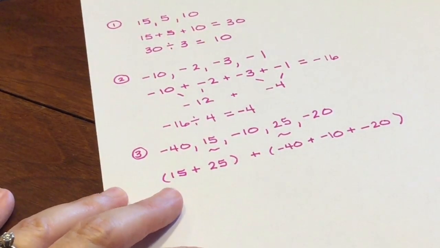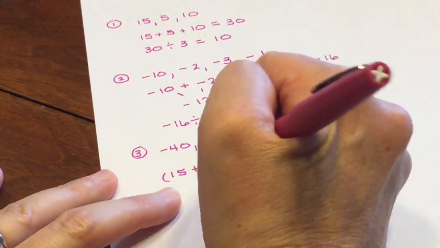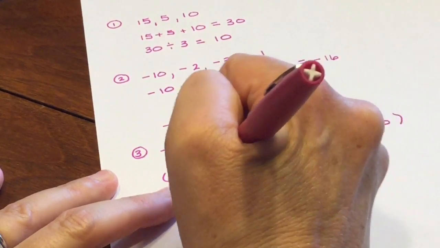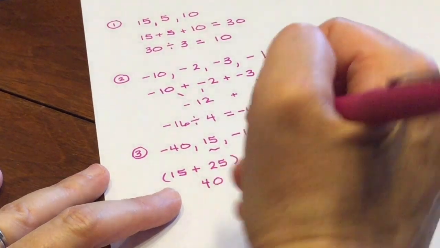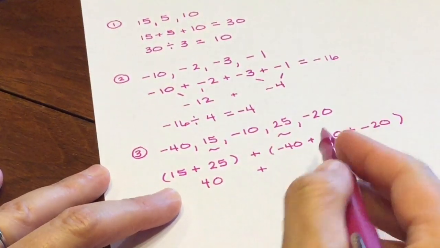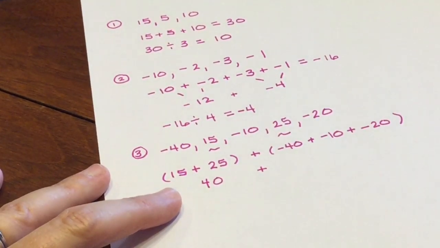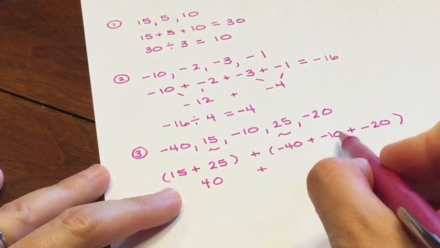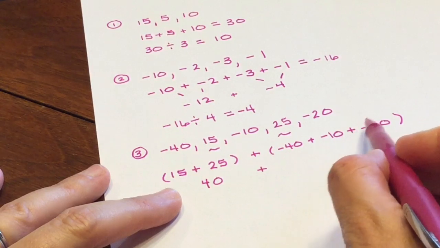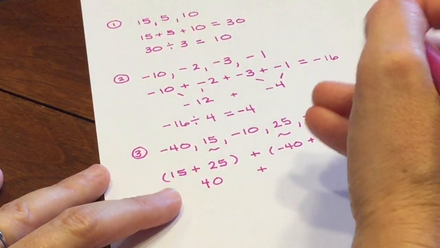Okay. Now, if they're both positive, I'm just going to add and keep the positive sign. So we get positive 40 for those numbers. Okay. Now, these three negatives, since they're all negative, I'm just going to add them up and keep the negative sign. Okay, so I have 40 and 10 is 50, plus 20 is 70, and they're all negative.